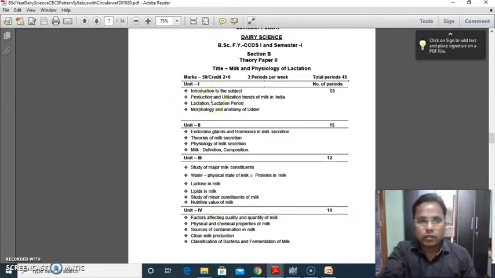Unit number 1 contains the introduction to the subject, production and collection trends of milk in India, how milk is produced in India, then the lactation period, and the morphology and anatomy of the udder.